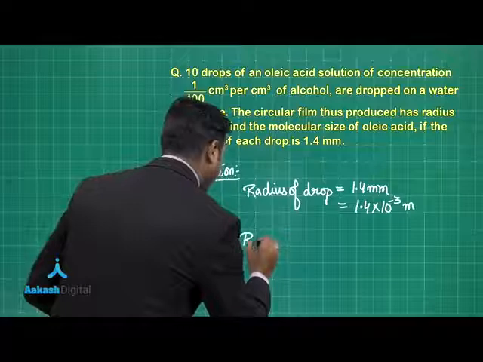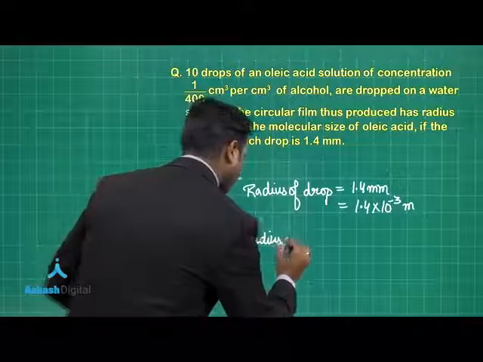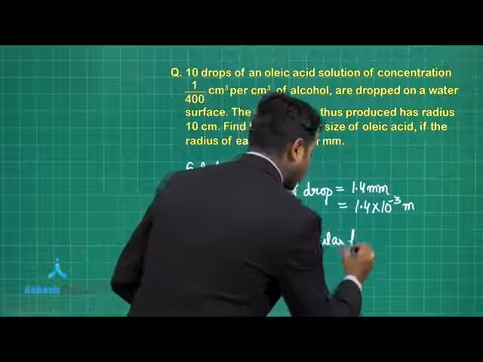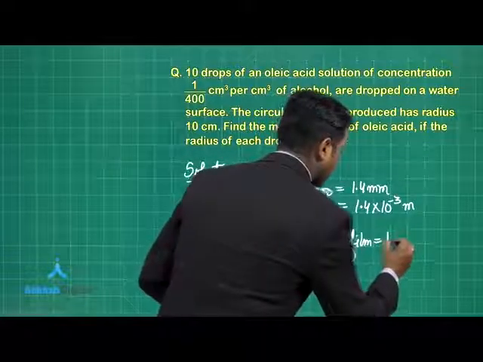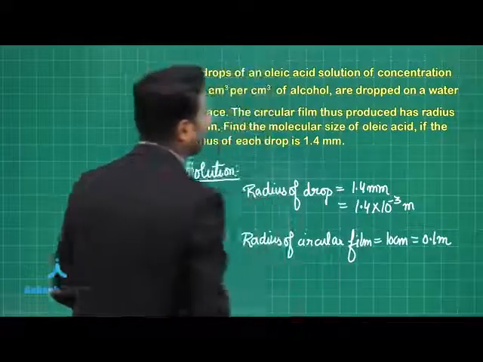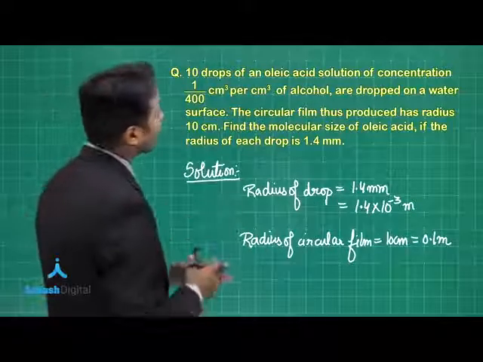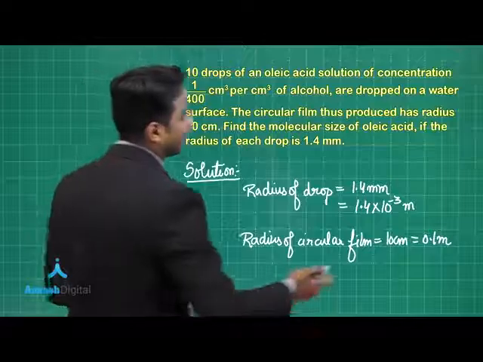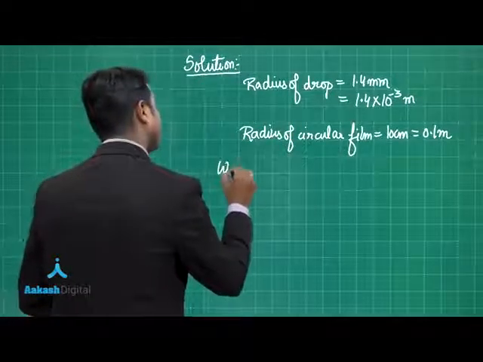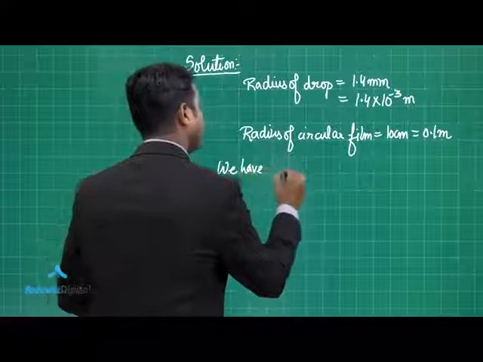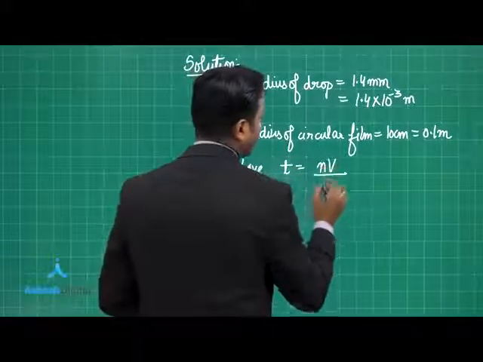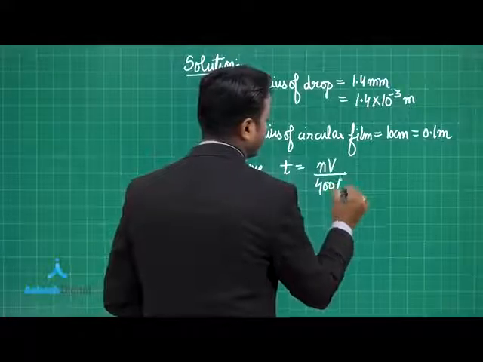So we can write down radius of the circular film is 10 centimeters, so that can be written as 0.1 meter. Now the total number of drops are 10 and the concentration is 1 by 400. Now let's write down the formula that we have. So we have the formula for the molecular size T is equal to N capital V by 400 into A.